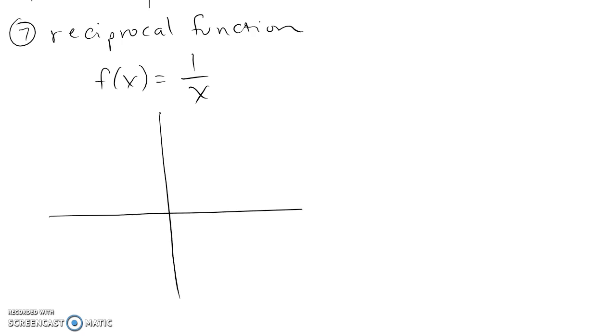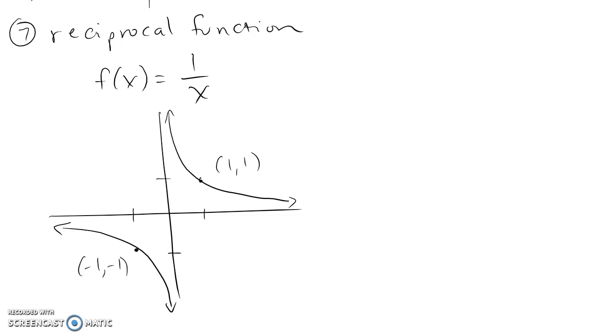We saw this in an earlier chapter 2 video, so you might want to go back and take a look to figure out why the function looks like this. I did an explanation. It is important to note that the function does go through (1, 1) and (-1, -1), because 1 and -1 are their own reciprocals.